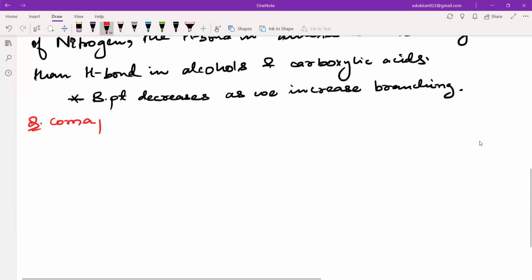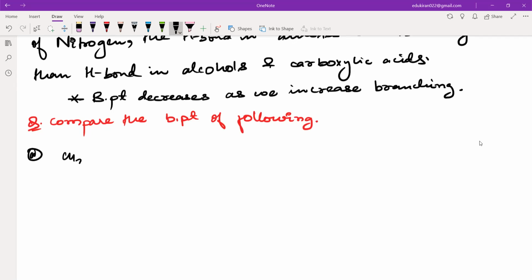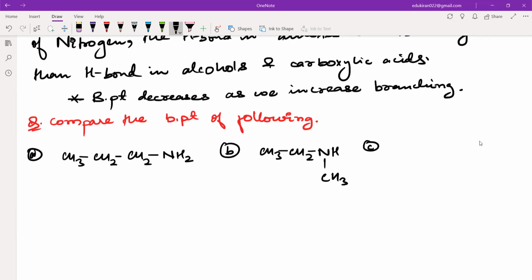Compare the A, B, and C, which is the highest.